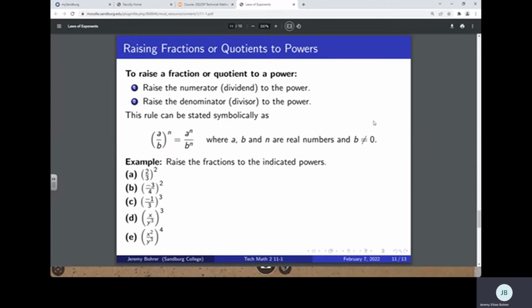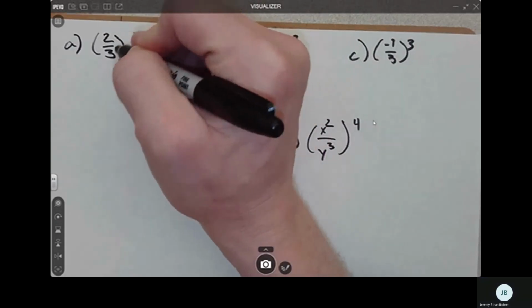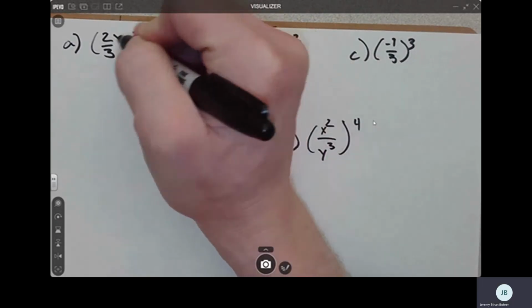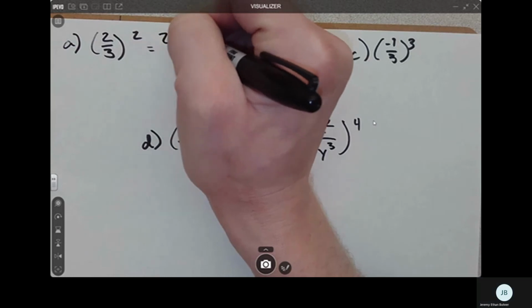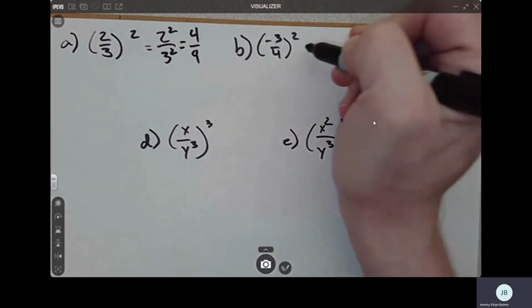Next up, this is on page 11. We're asked to raise these fractions to the indicated powers. Remember, when we're raising a fraction to the indicated power, we raise the numerator to the power and the denominator to that power. So here we go. We've got 2/3 squared. So we take 2 squared over 3 squared, which is 4/9.